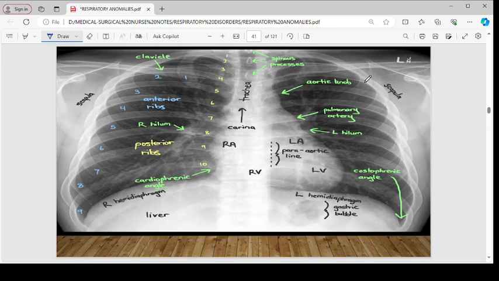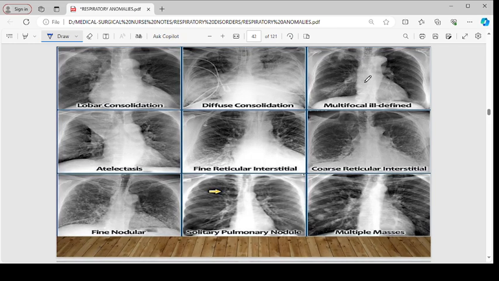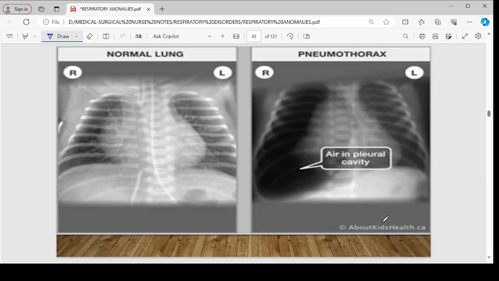Okay, so we are able to see things like lobar consolidation, diffuse consolidation, multifocal ill-defined opacities, atelectasis, where we have the lung collapse, the fine nodule, solitary pulmonary nodule, fine reticular interstitial, coarse reticular interstitial, and multiple masses.